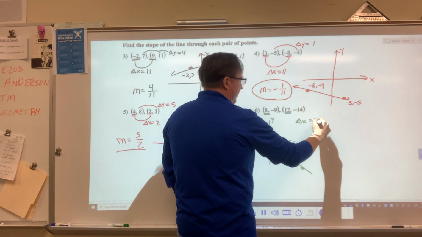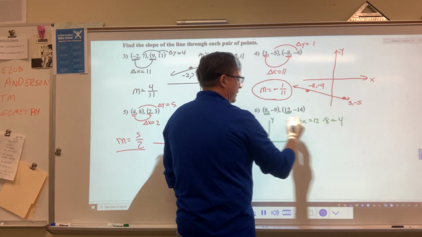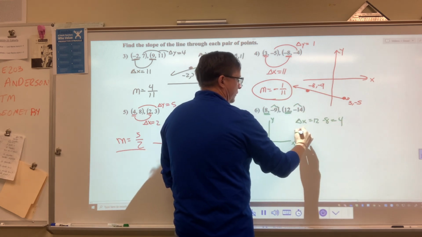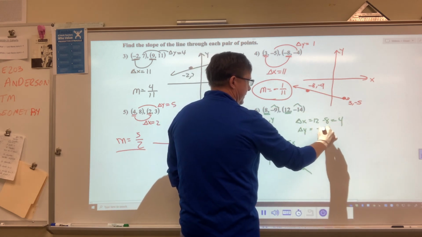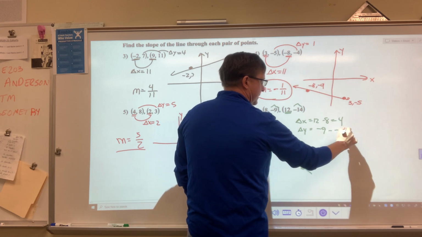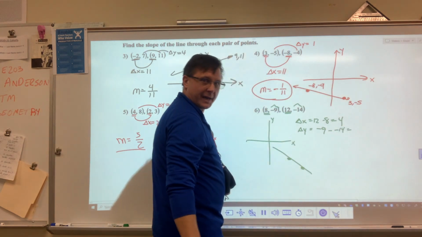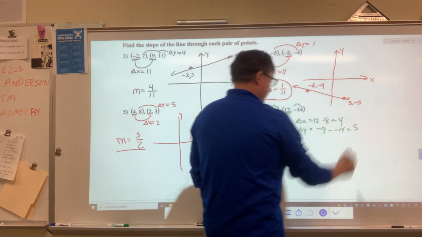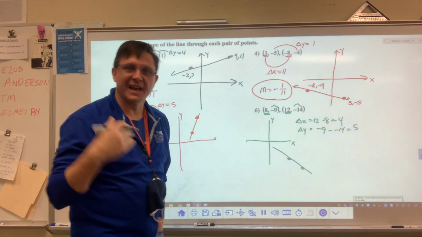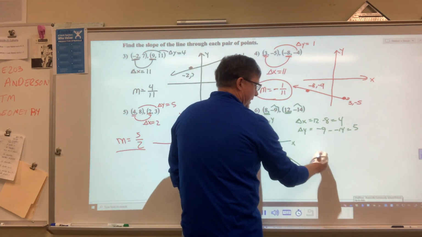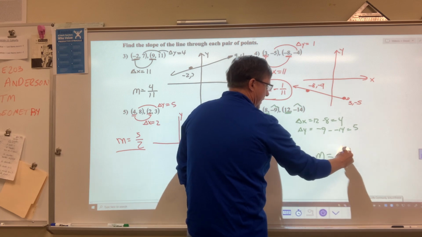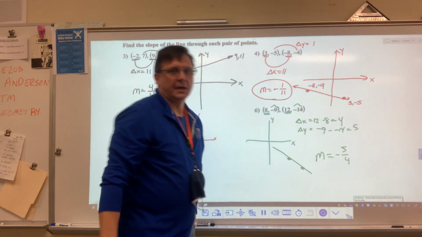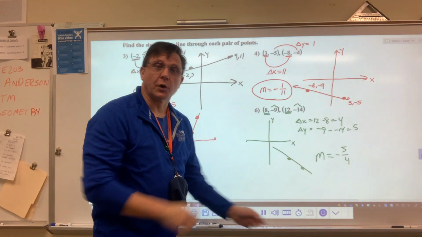Delta x is 12 minus 8 is 4. Delta y, I start with the big value, it's -9 minus a -14. All right, and I do the math there, I get 5. It's negative, so I right away write that. m equals -5/4. Guys, keep practicing. All right, takes a lot of work.